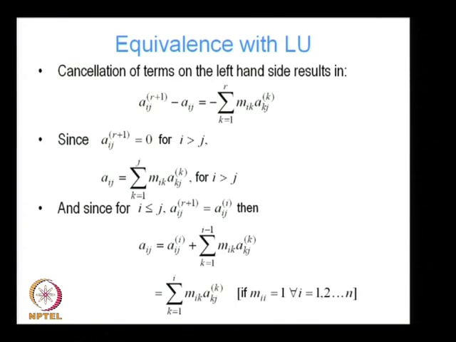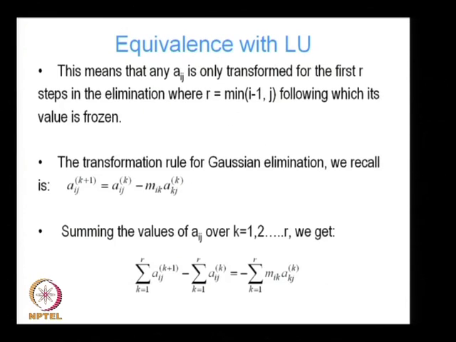If we cancel the terms on the left hand side, how can we cancel the terms? If you look at the left hand side, you can see that this minus this. So, all the terms will cancel out except the r contribution from this term a_ij^(r+1) and the k equal to 1 contribution for this term, which is going to be a_ij^(1).